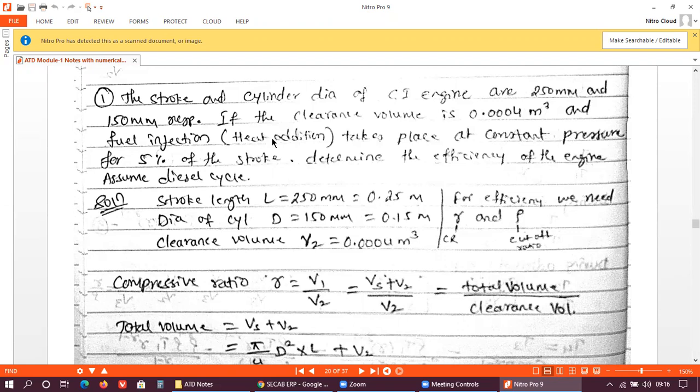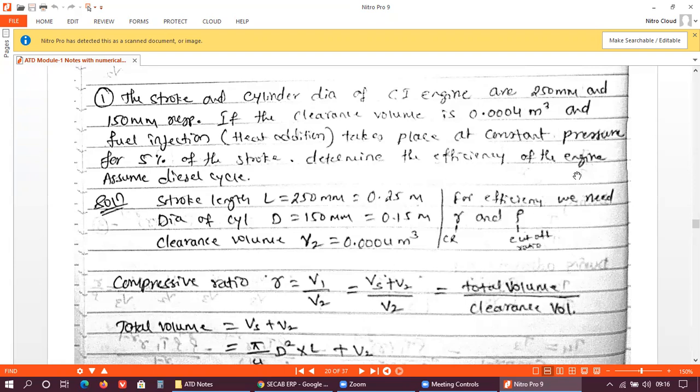The fuel injection or heat addition, how much is it? It is 5% of the stroke length along with V2. So I can say that it is the sum of V2 plus 5% of the stroke volume, right? So this is a very important part while calculating this V3, right?